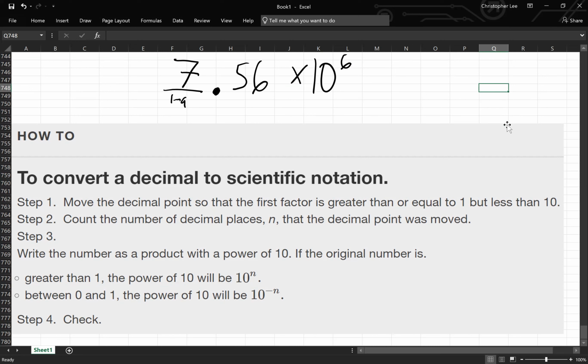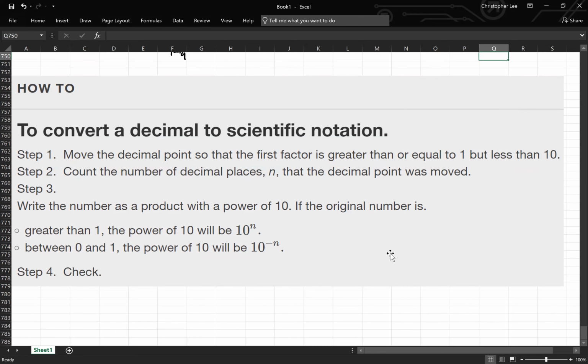Step 3, write the number as a product with a power of 10. If the original number is greater than 1, the power of 10 will be 10 to the n power. If it's between 0 and 1, meaning it's a small number, the power of 10 will be 10 to the negative n power. And then they say step 4, check, but I trust y'all.